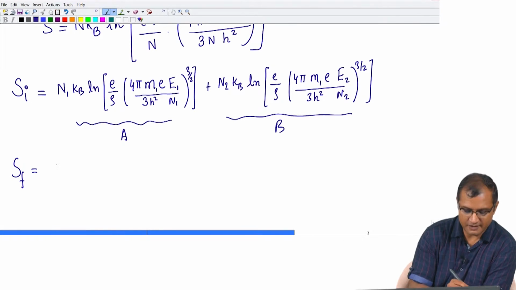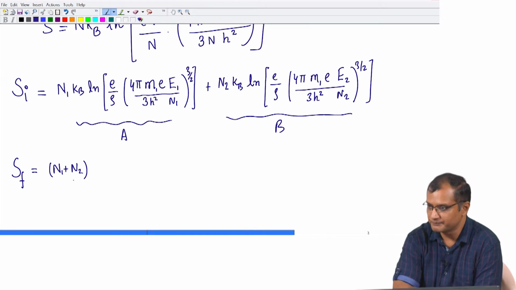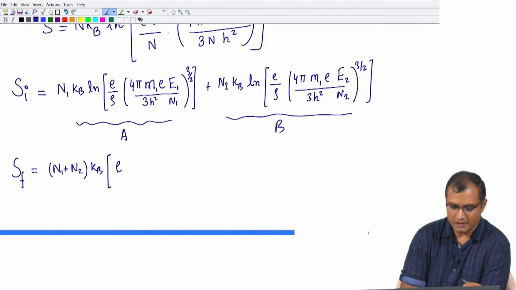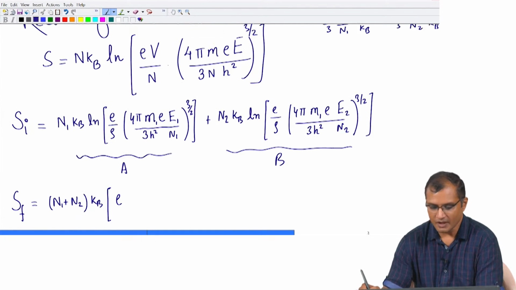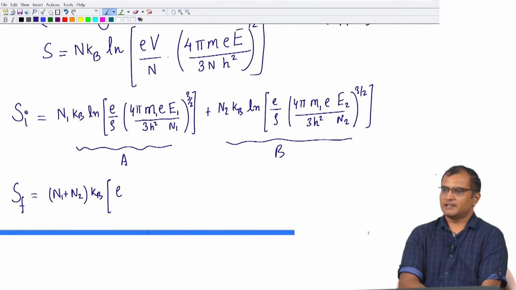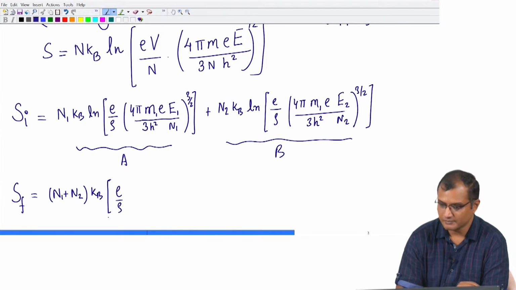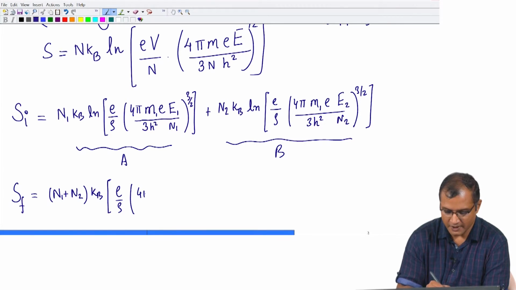So, here it is going to be just N1 plus N2, that is going to be a total number of particles, but they are of the same type, multiplied by Kb E V by N is simply rho, because that has not changed the density, into 4 pi m1 E upon 3 h square.